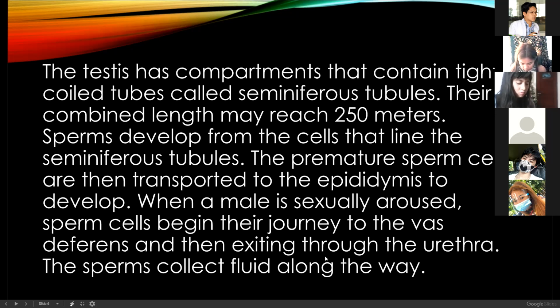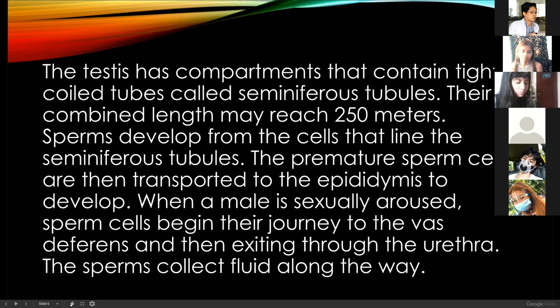Now, they begin their journey in the vas deferens and then exit to the urethra. The sperm collects fluid along the way. By the way, this vas deferens, if the female has ligation, the male also has his own.